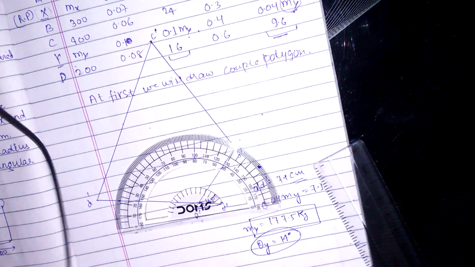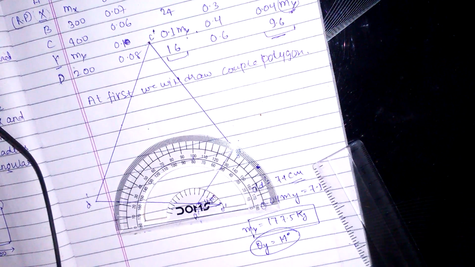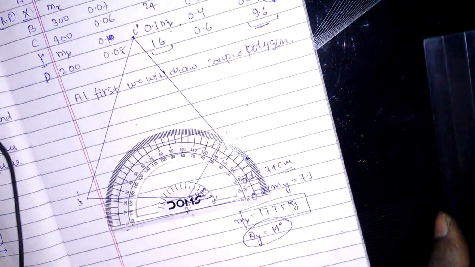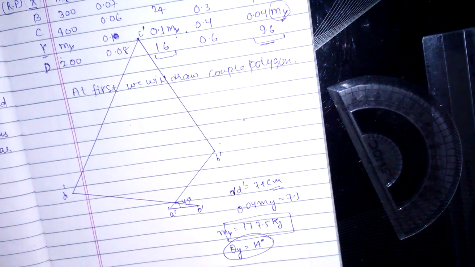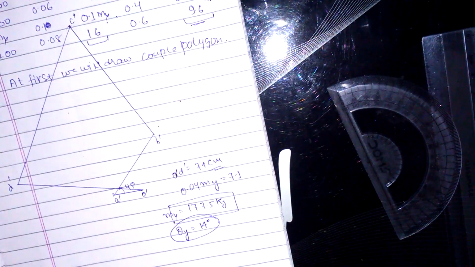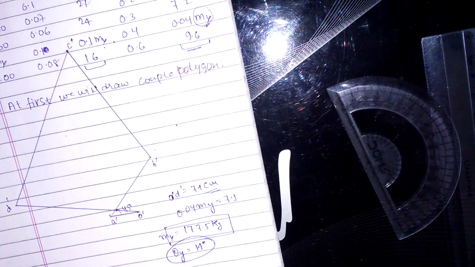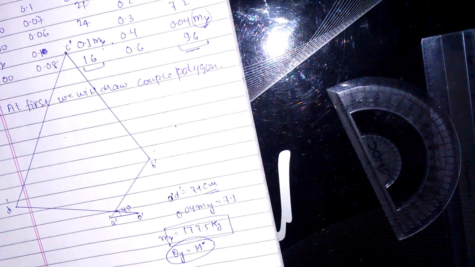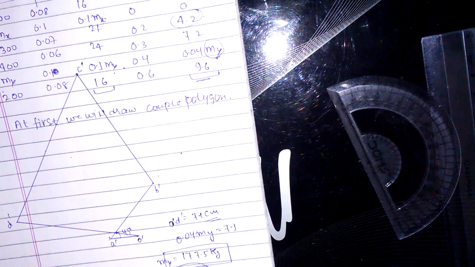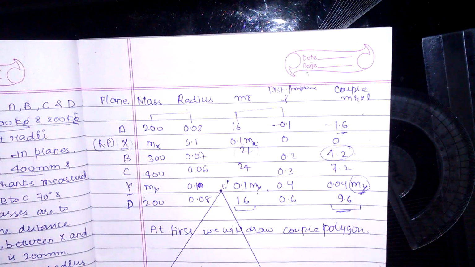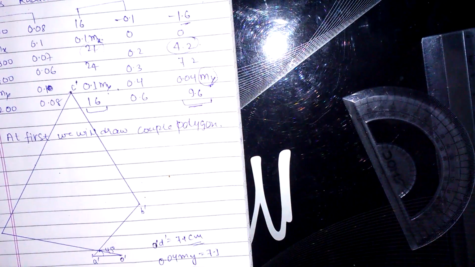And in the same way we could draw the force polygon by using the same table. So I'll draw just a rough diagram for this. From O to A it is equal to 16. It is positive, so it would be like this. Now A to B it is 21 at angle 45 anti-clockwise.